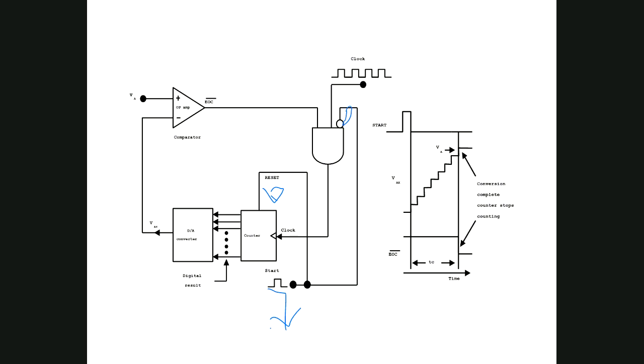Now this 0 will come here, so here it will become 1, and it was already 1. So this is 1 because we have a 0 pulse. Very simple, the clock will start coming here.